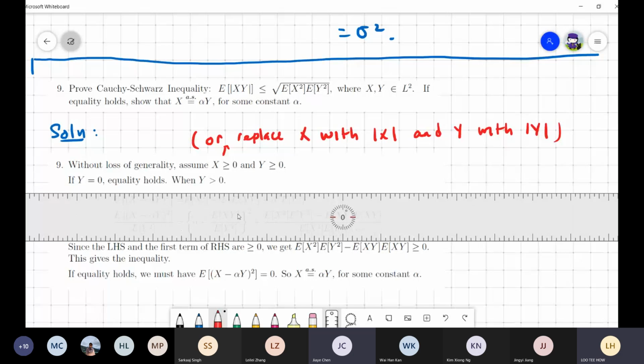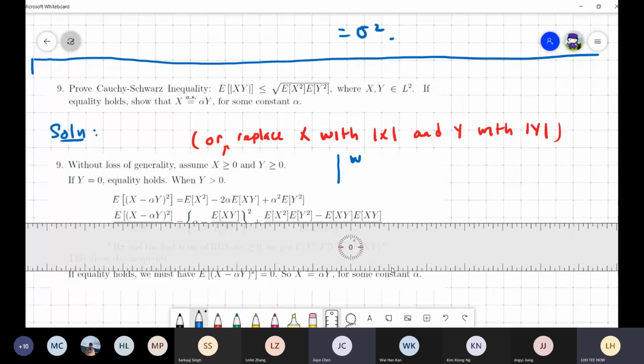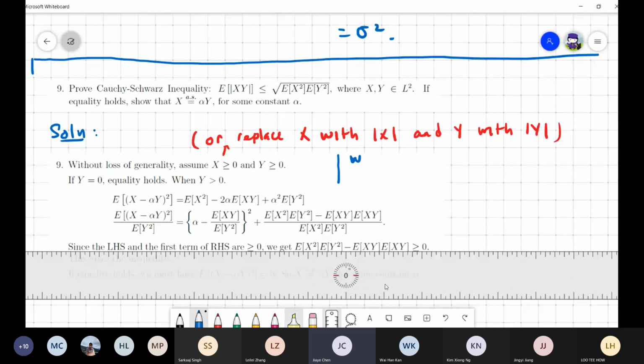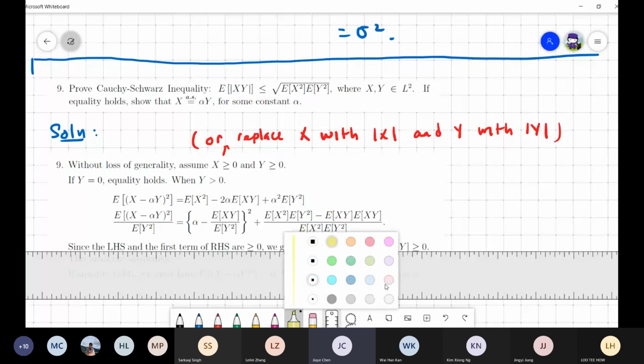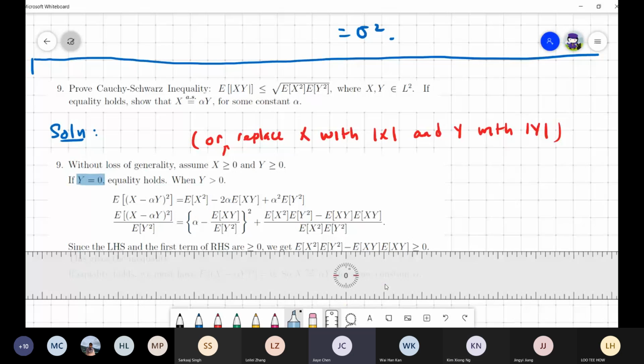If Y equals 0, I think it's clear. Both left-hand side and right-hand side equal 0.